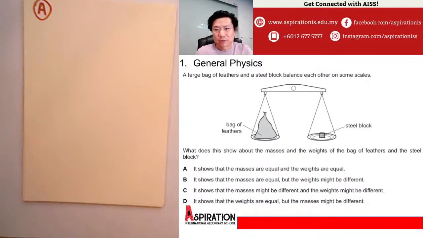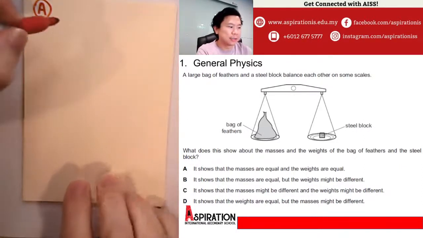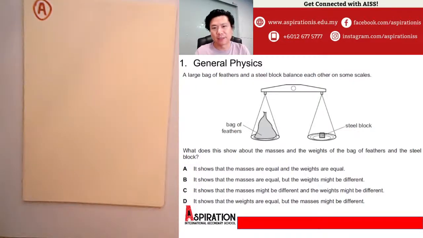Many students will choose B, but they are in the same place, in the same room, next to each other. So in this case, the mass will equal the weight. The answer is A for this question. We'll move on.